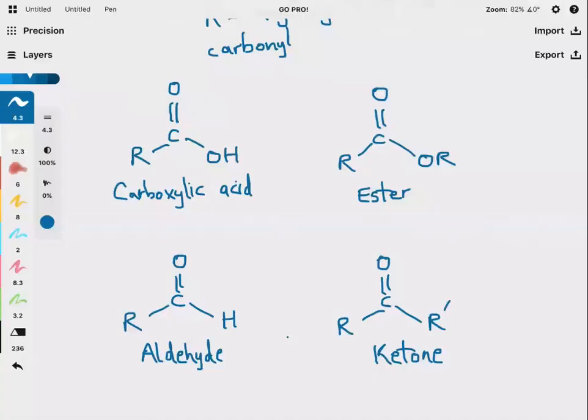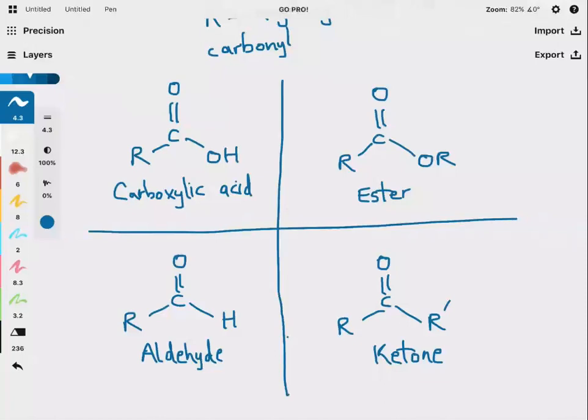Okay, so these are the four basic carbonyl functional groups that you should be aware of. Carboxylic acid with the OH off of the carbonyl, an ester with an OR, an aldehyde that has just an H, and a ketone, which is just an R carbonyl R.